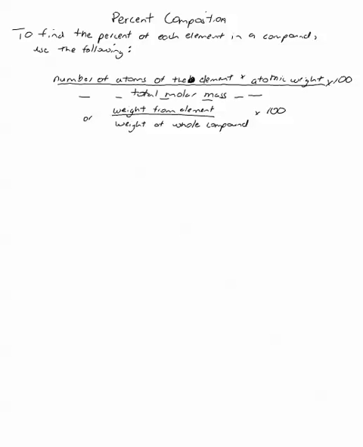So let's do some examples here. If I said, what is the percent for each element in iron 3 oxide? First thing you're going to do is write down what your formula is.